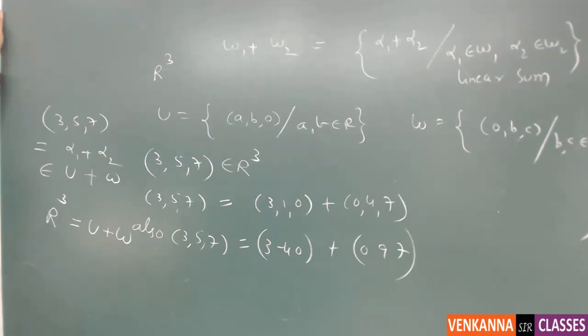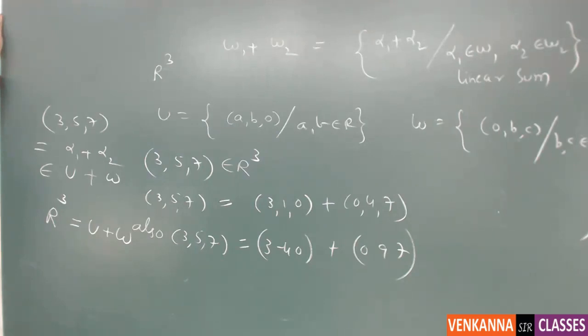You are bifurcating the vector space into two parts, so that every vector in the vector space can be written as a sum of two values. So here you can observe that 3, 5, 7 has two different representations. So you can represent 3, 5, 7 as a sum of two values in two distinct ways.